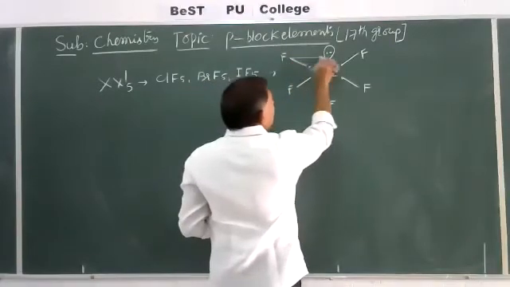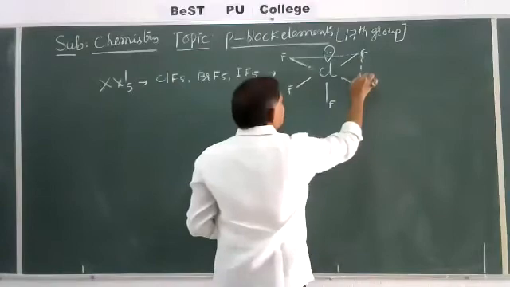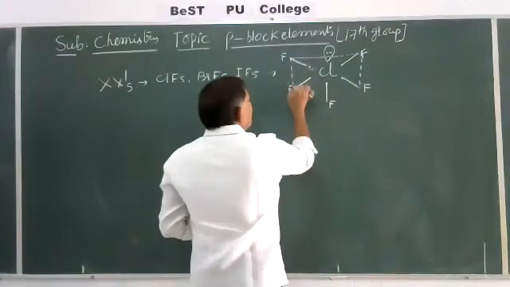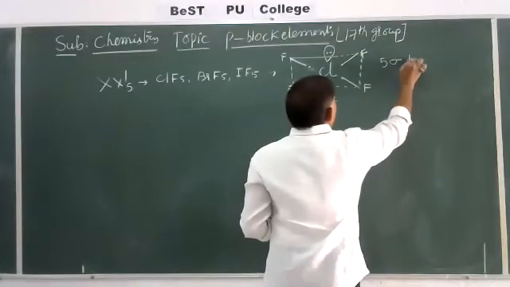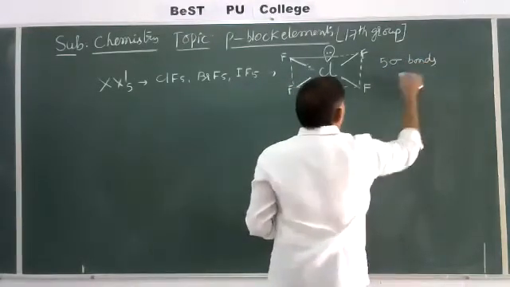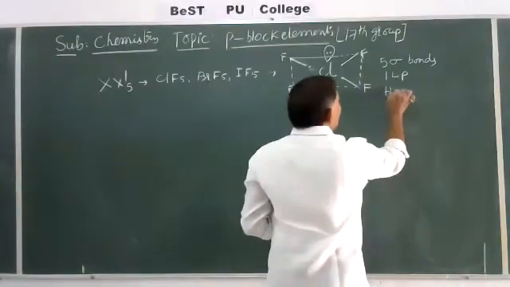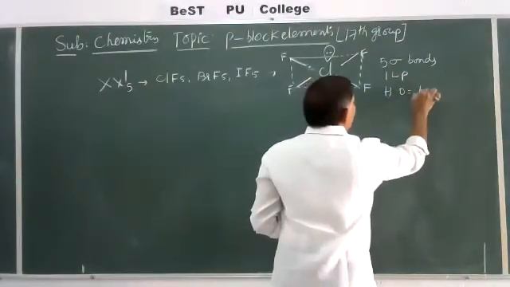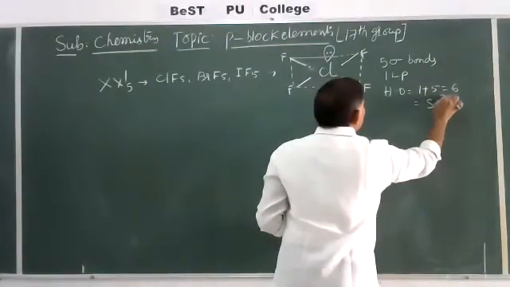It creates a structure like this. Now around this there are 5 sigma bonds and 1 lone pair. So the hybrid orbitals are 1 plus 5, 6, that is sp3d2.